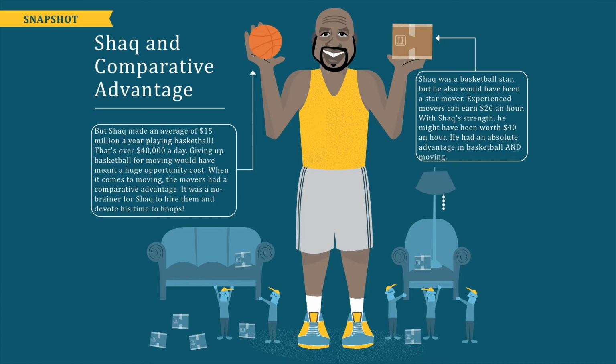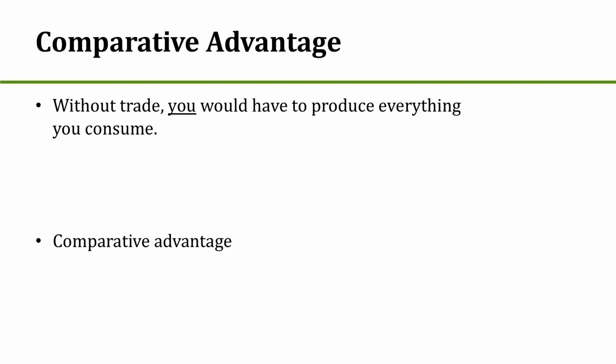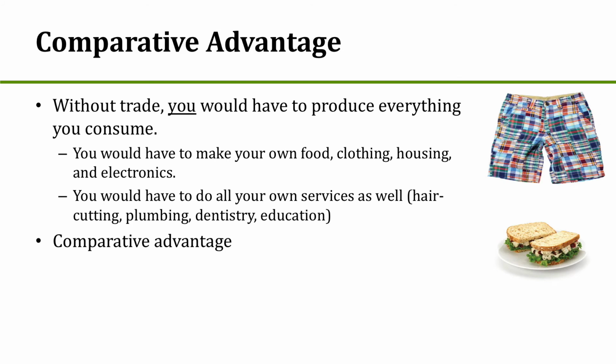But for another huge guy, the opportunity cost is lower when he becomes a cargo carrier, so he becomes a cargo carrier. So that's the idea. Without trade, you would have to produce everything you consume, which we know already. You would have to make your own food, clothing, housing, and electronics.